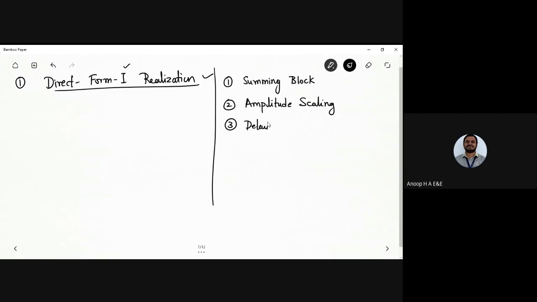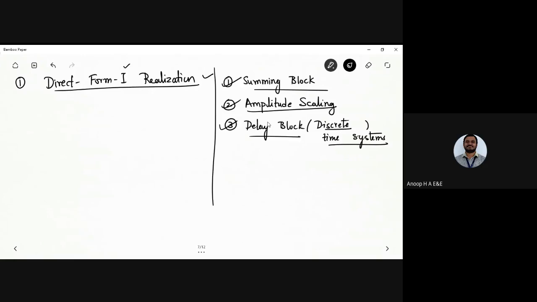This delay block, as I told you earlier, is used exclusively for discrete time systems. The summing block, the amplitude scaling, and the delay block, all these three things will come into the picture in the direct form 1 realization, and also in the direct form 2 realization.